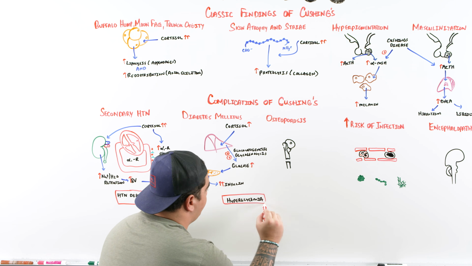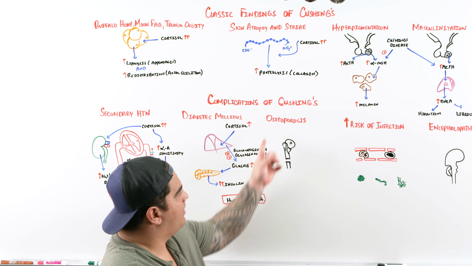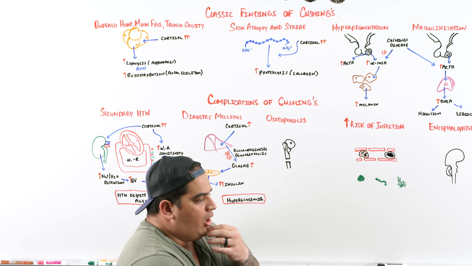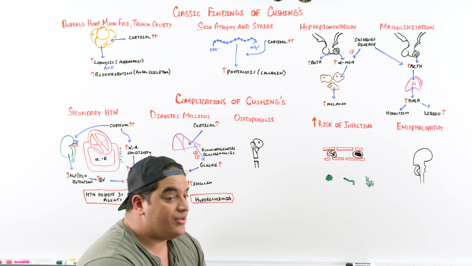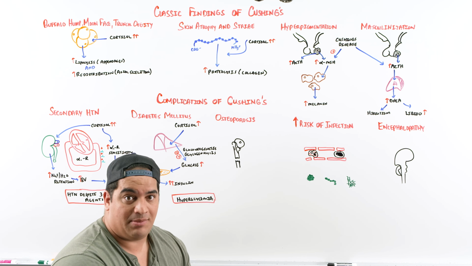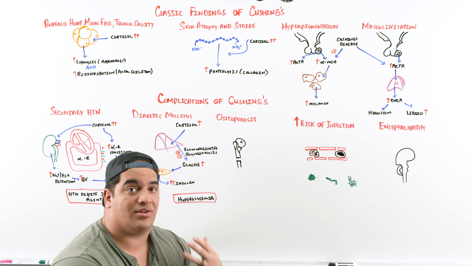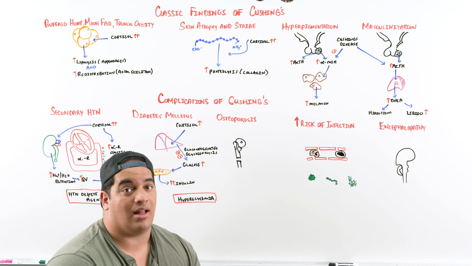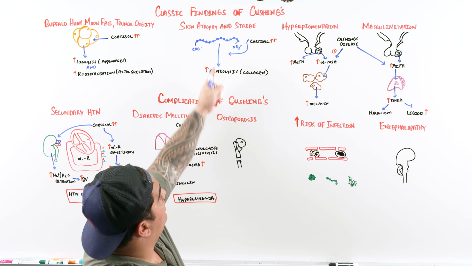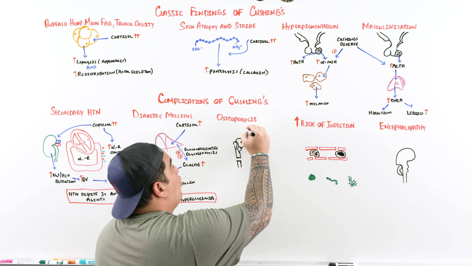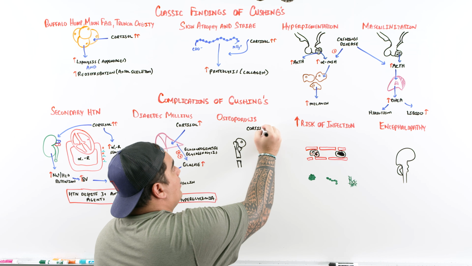Okay, my friends. The next component here is osteoporosis. With patients who are on chronic steroids for a long time, we actually do suggest that they get DEXA scans because they're at high risk of osteopenia, osteoporosis, and as a result, pathological fractures. And so oftentimes it's the same concept as right up here, that cortisol leads to proteolysis.